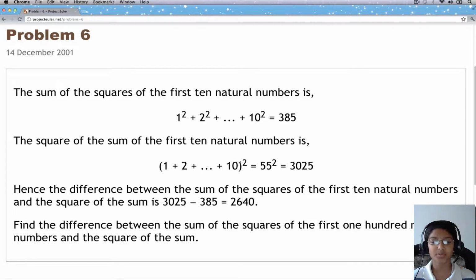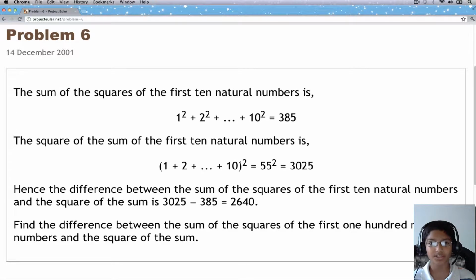Hence, the difference between the sum of the squares of the first 10 natural numbers and the square of the sum is 3025 minus 385, which equals 2640. Find the difference between the sum of the squares of the first 100 natural numbers and the square of the sum.